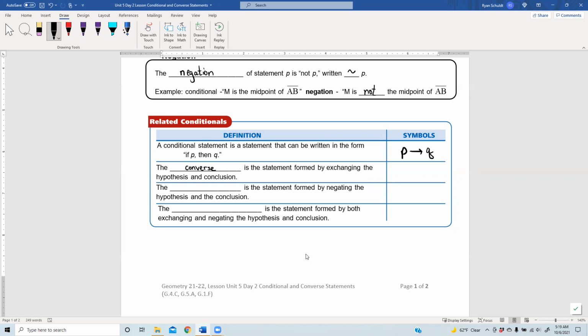So we're flipping these. We're going to say if Q, then P. That's the converse. So think of this as like we just flip.